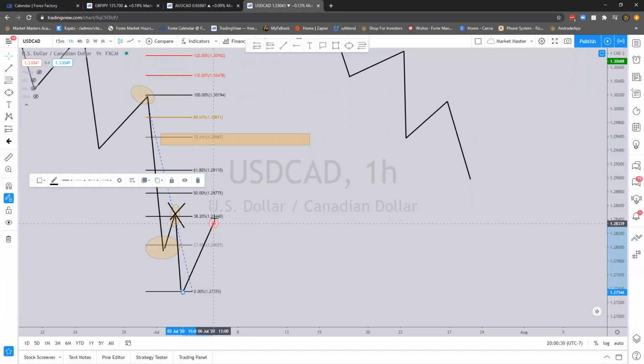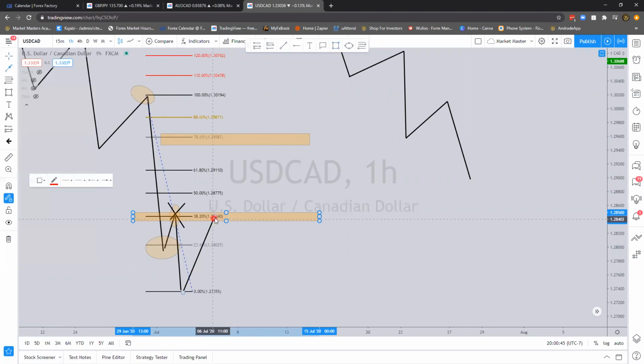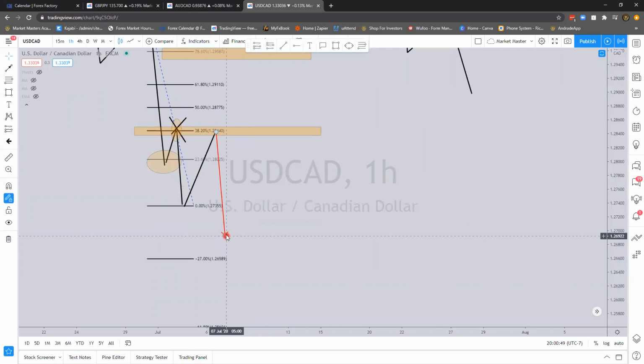Once it breaks through the 23.6 and hits 38.2, 38.2 is an area where you usually see an aggressive reversal if the price rejects off of there. So if it hits 38.2, there's usually a really strong reversal coming down.